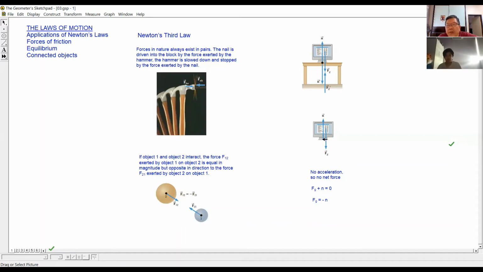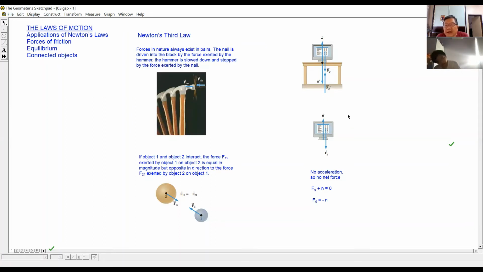The table also provides a support for the monitor in the form of a reaction, and we call it N, small n. Actually, it's the normal reaction. We call it the normal reaction because it is normal to the surface. In this case, the surface is the surface of the table.